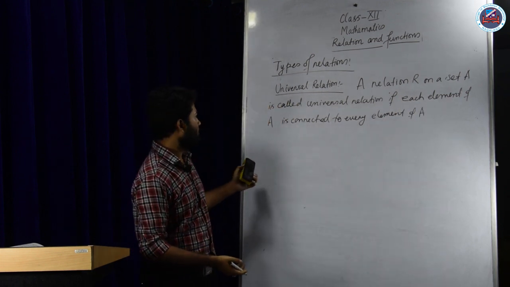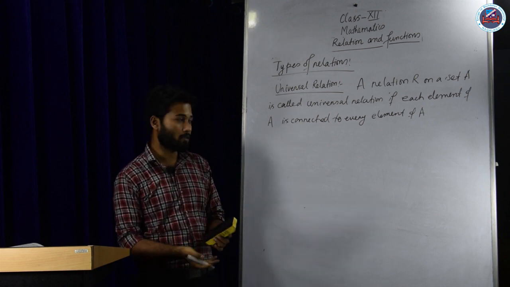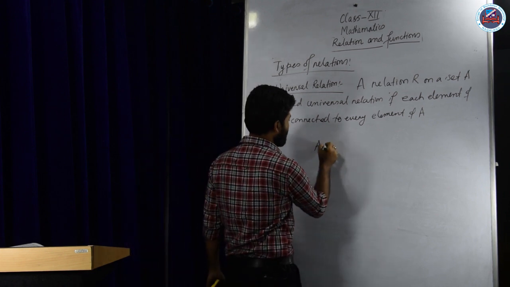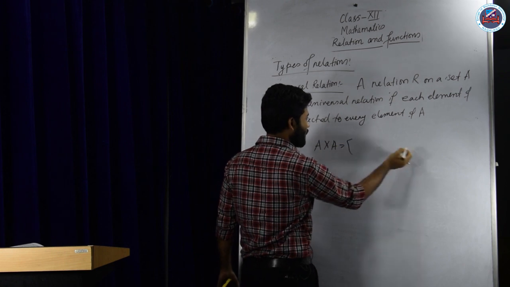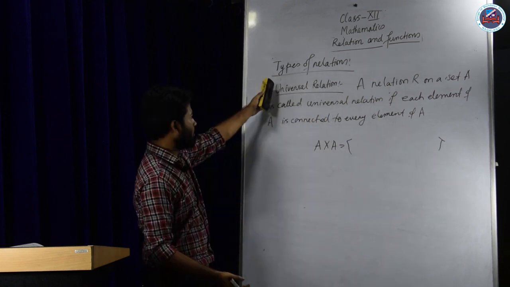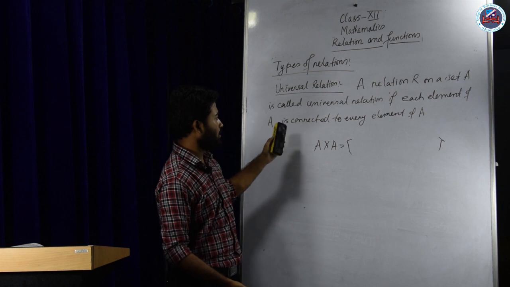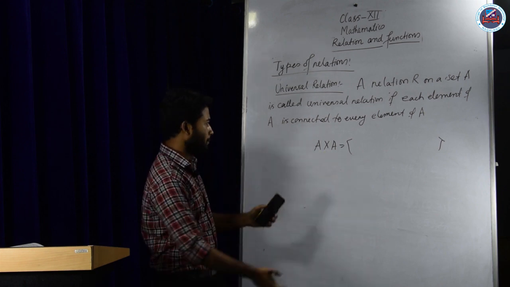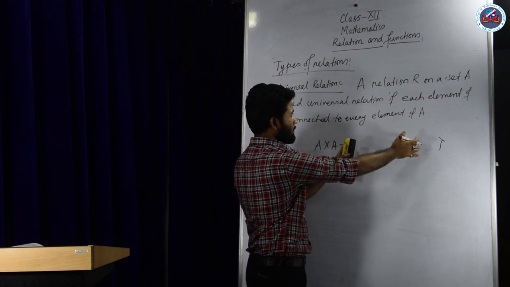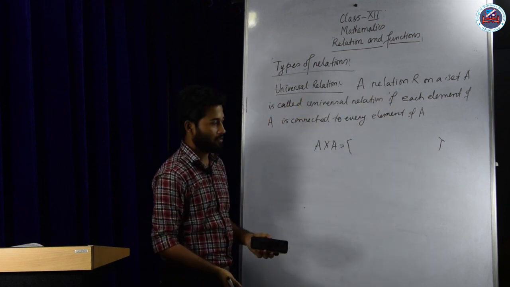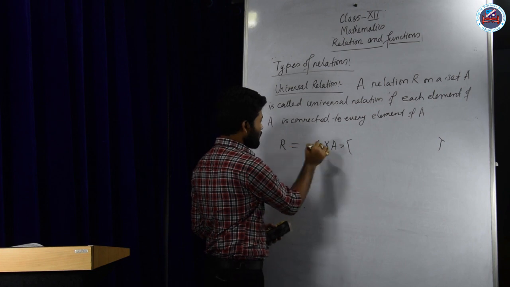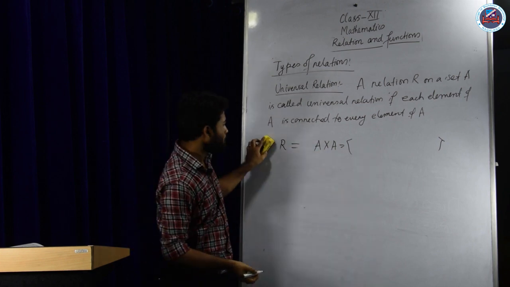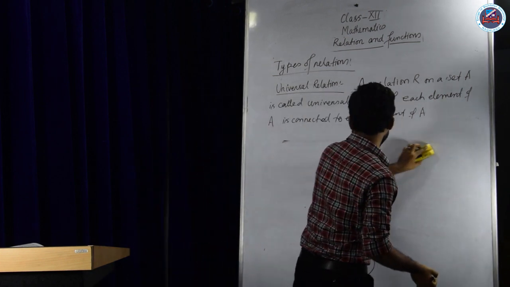That means we can take the cross product of A cross A. If we take the cross product of A cross A, earlier we got all the elements, right? Universal relation is the same as the Cartesian product of A cross A. That means all the elements have been considered in the universal relation. So R will always be equal to A cross A. Let us take an example.